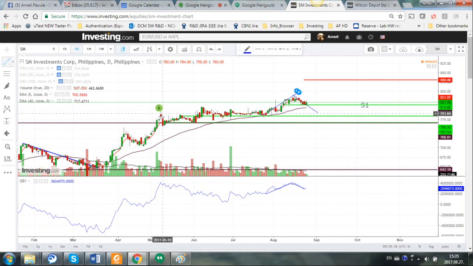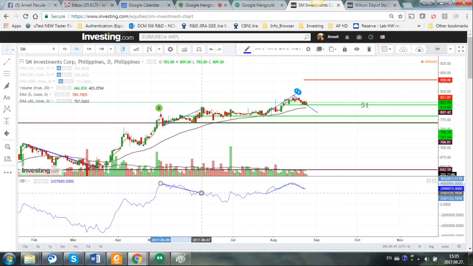Tingnan mo ito. From here to here, uptrend. Actually, medyo dyan lang. Pero kung i-consider natin ito, di ba uptrend. But using the same points, this is downtrend.